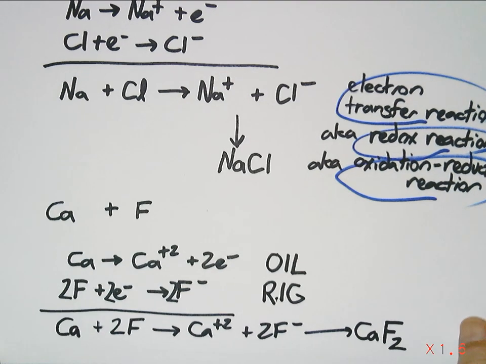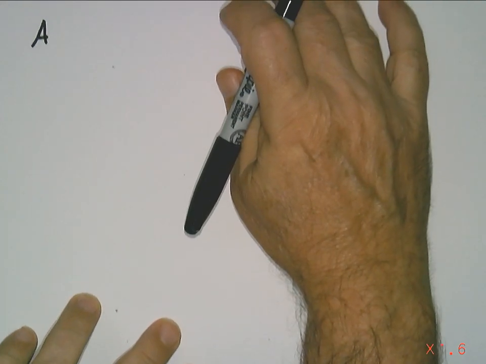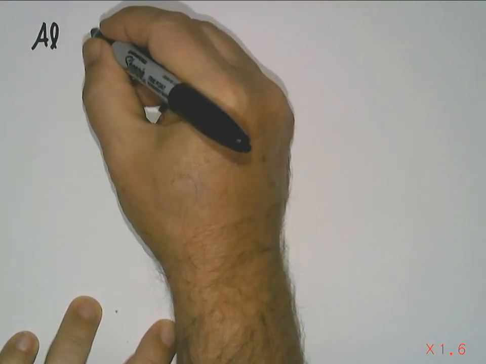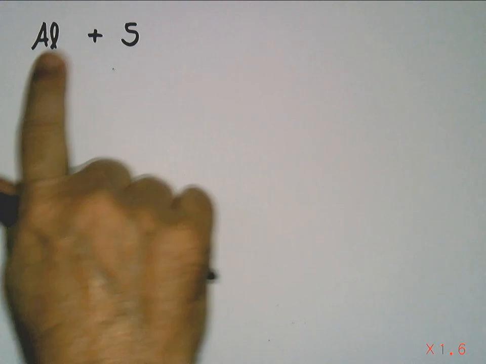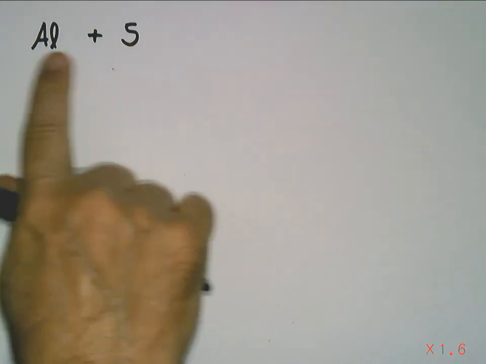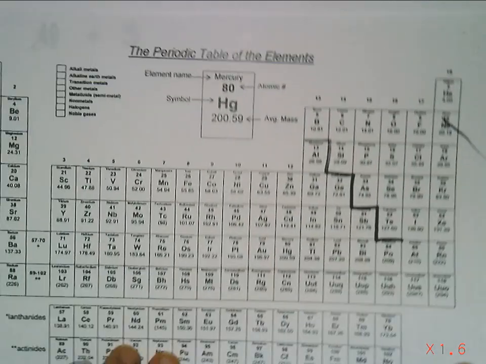Let's try one more. Suppose I bring together aluminum and sulfur, and I want to form an ionic compound from them. Well, I have my metal and I have my nonmetal. My metal is going to be losing electrons. Let's take a look at where aluminum is.